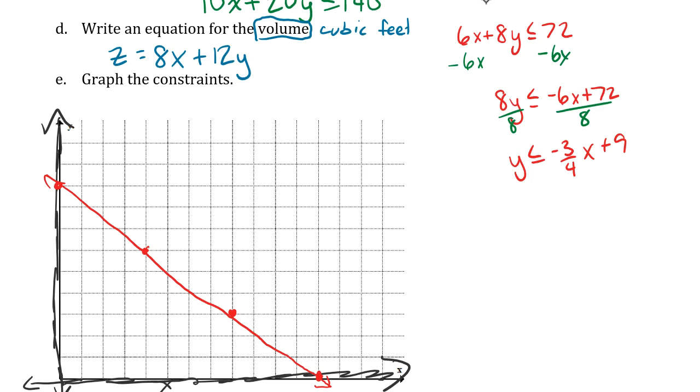Let me make this a little bit straighter. For these, you really do want to make it as straight as humanly possible. It's just like whenever we're graphing to solve systems, we're going to need to know where this stuff crosses. So it's a good idea to graph it as straight as humanly possible. All right, that's better.